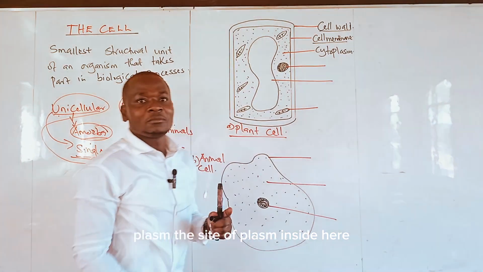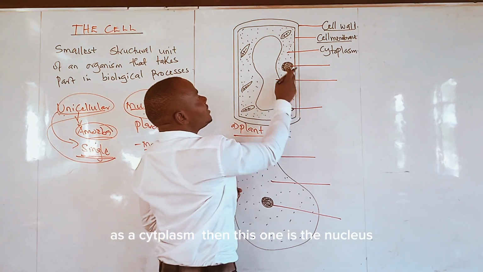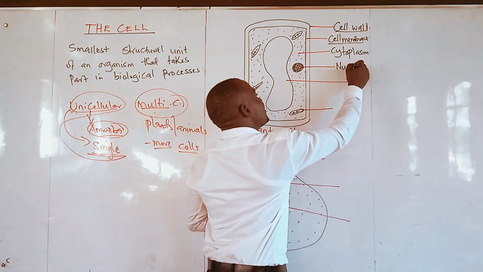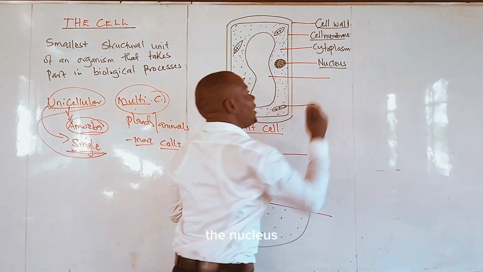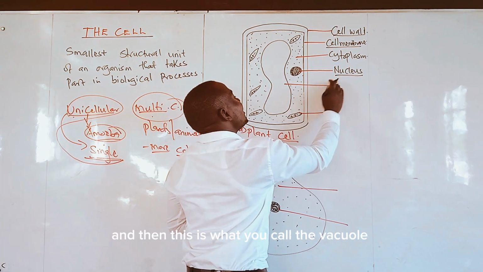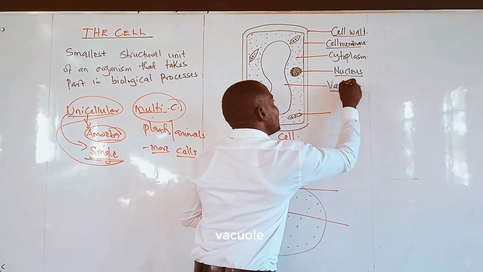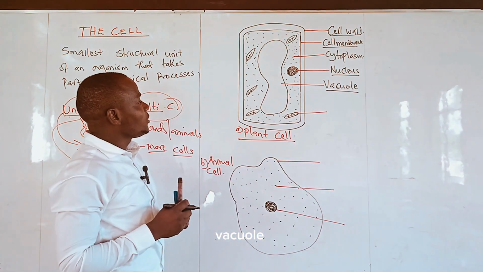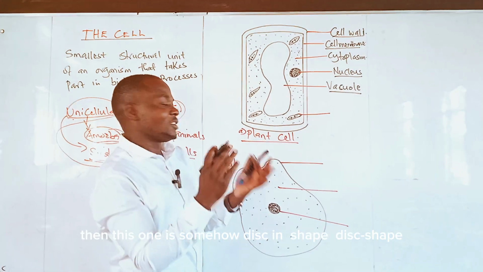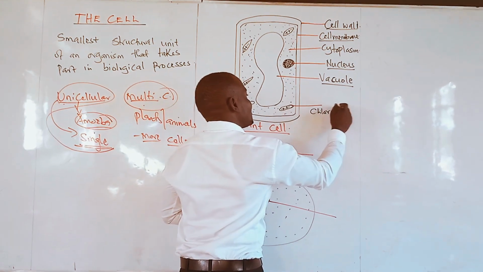Then this one is the nucleus. And then this is what we call the vacuole. Then this one, which is somehow disc shaped, is what we call the chloroplast.